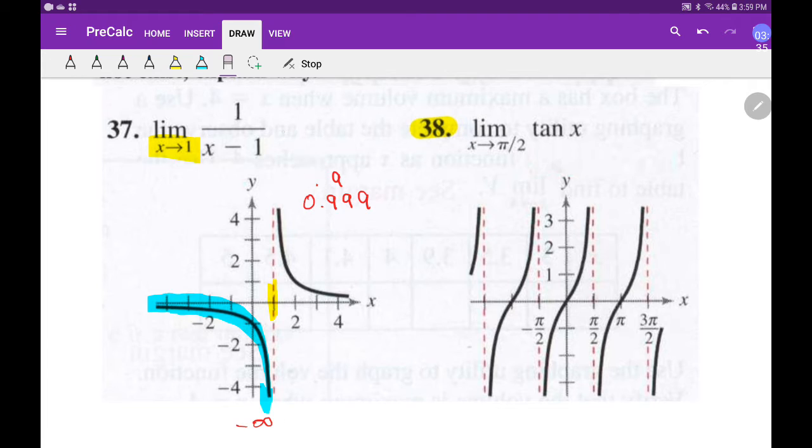Here's the thing, on the other side, it's not acting like that. On the other side, as x approaches 1 from over here, it takes off. Why? Well, now on the bottom I say 1 over, let's say 1.1. And I say, well, I'd like to get a little closer. Okay, a little bit closer.